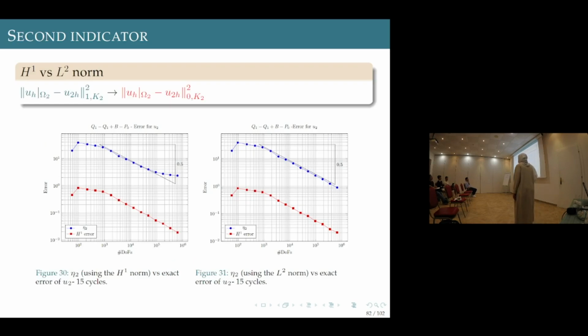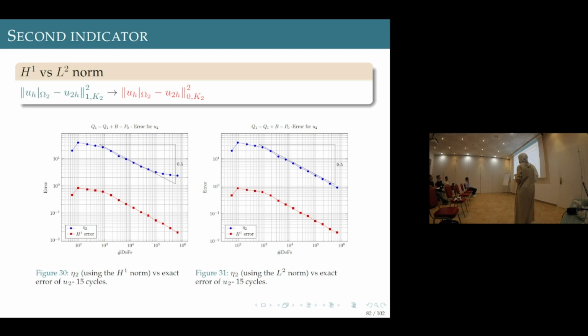However, if you look at the second indicator, we were okay at the beginning, up to some threshold, where the indicator starts to lose, or not follow, the correct rate of convergence of the exact solution.